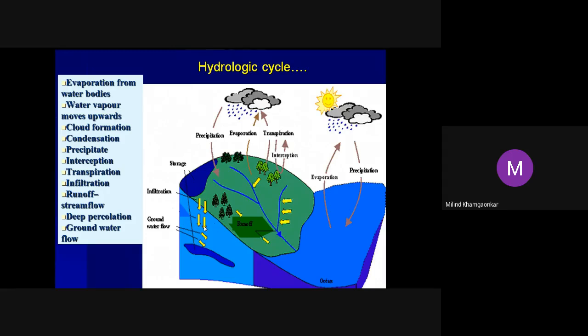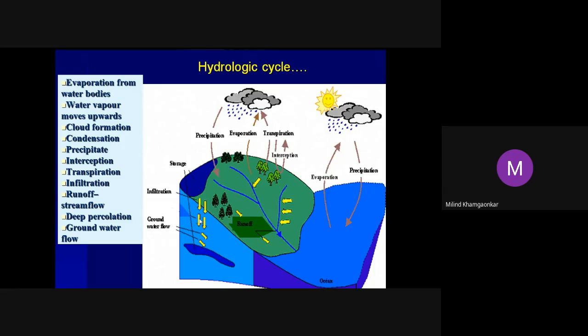Some water which percolates into the ground is converted into two parts. One part follows the topography of the ground, moves along the slope and reaches a water body, maybe the sea or some river. That is called subsurface runoff.